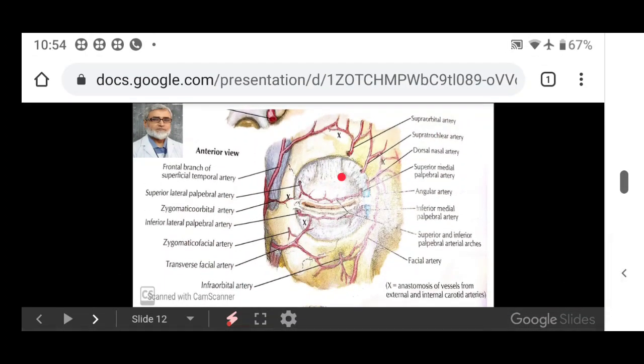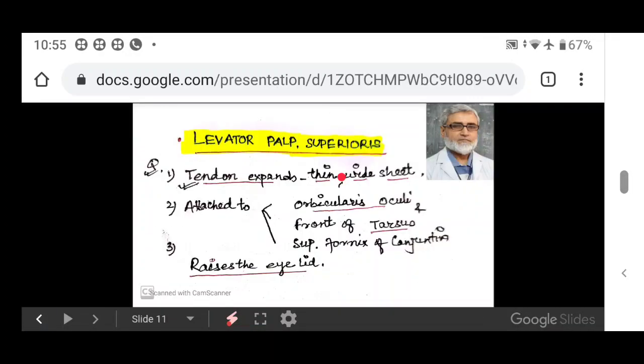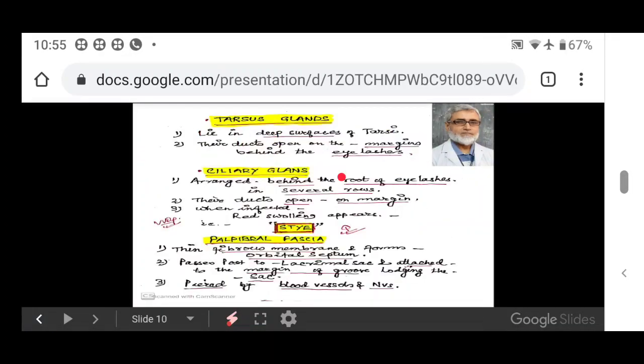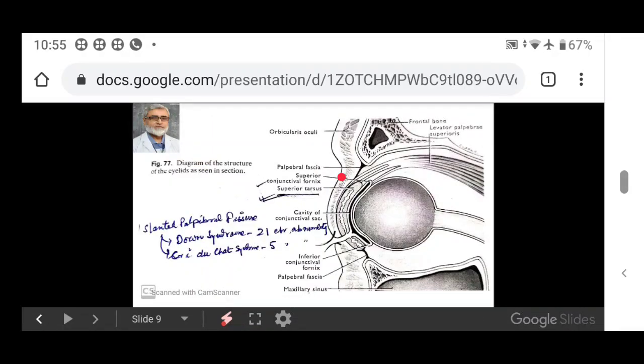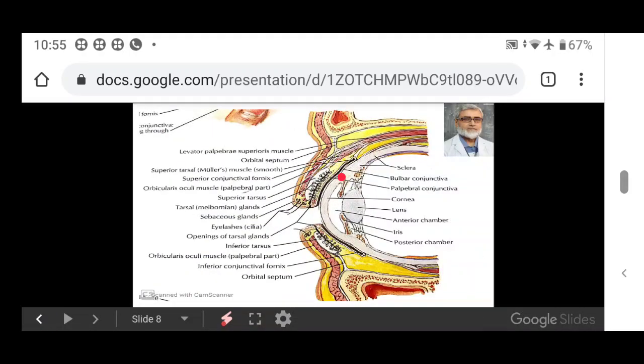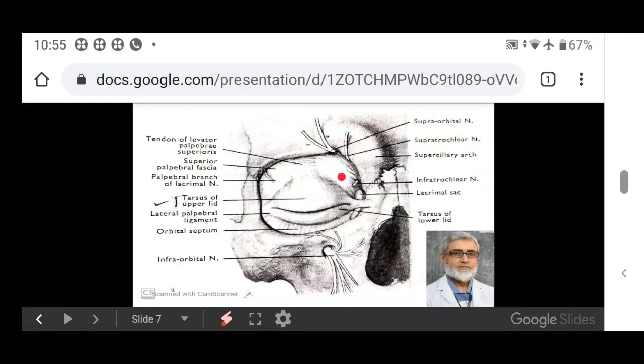You can see the arterial supply coming here. In a different picture, the tarsi I have shown. See here, the tarsus of the upper eyelid, a thin sheet.